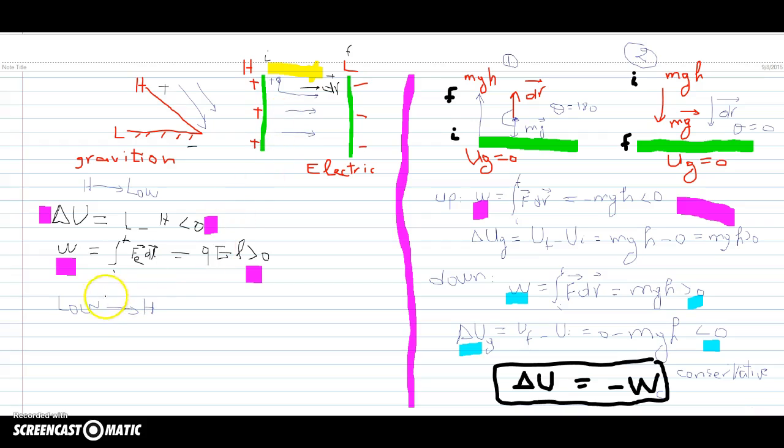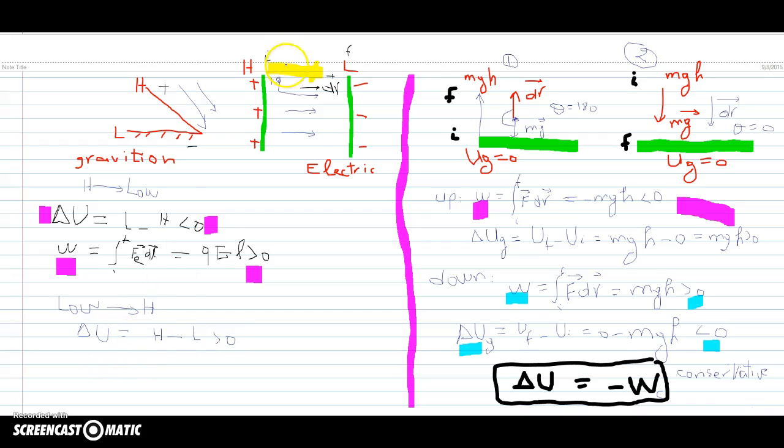Obviously the change in electric potential energy, delta U, since I'm going from low to high, the final is high, so that is high minus low. This is like 5 minus 4, which is positive.